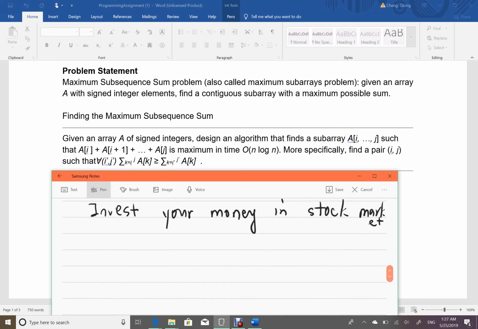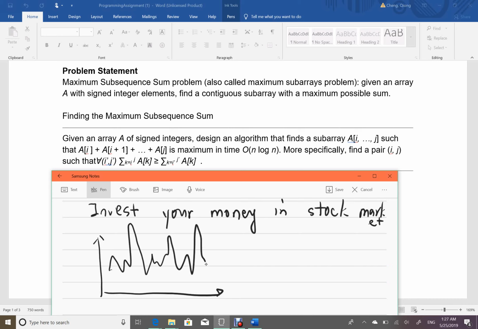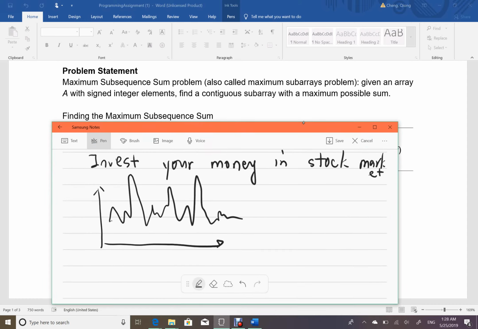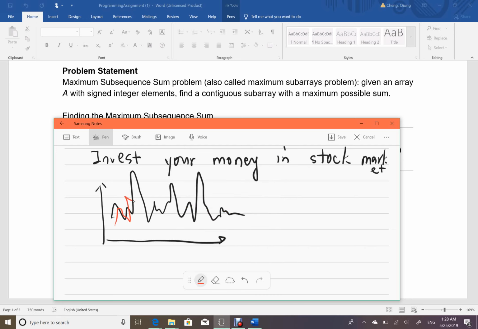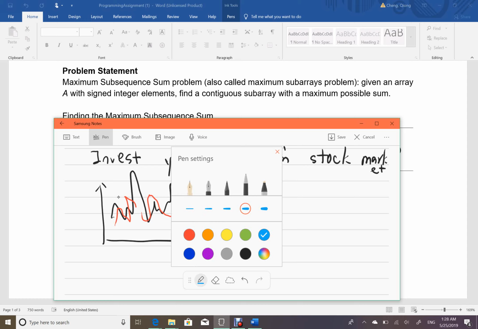With every day, the product prices in the stock market always increase or change, and you want to have different products. It could be like that.